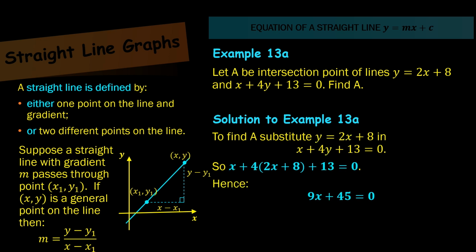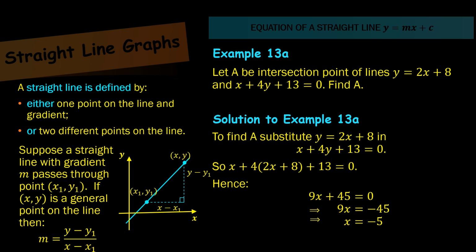Hence, 9x plus 45 equals 0. Rearranging gives 9x equals minus 45, and therefore x equals minus 5, once we've divided through by 9.